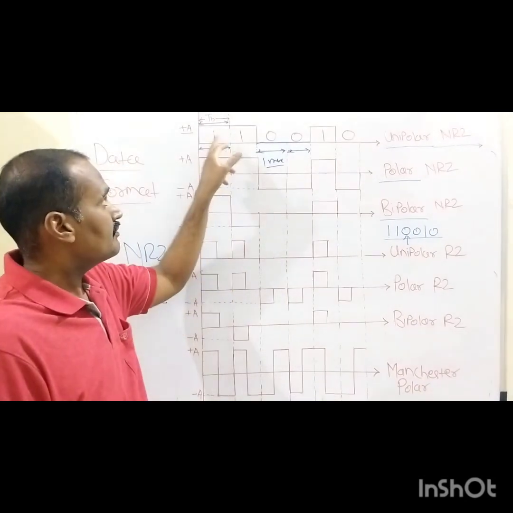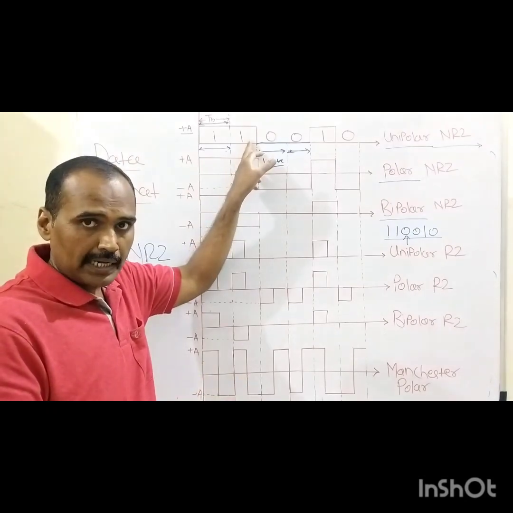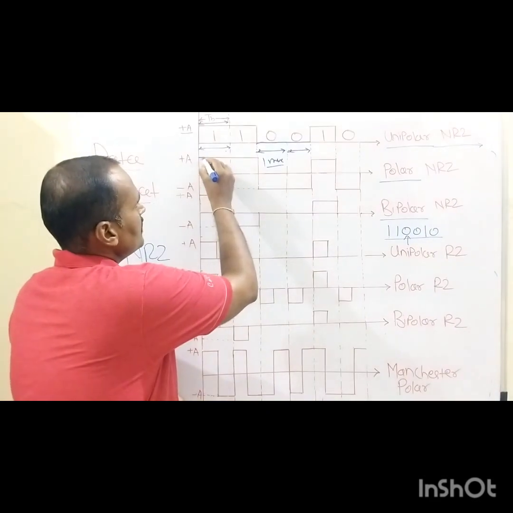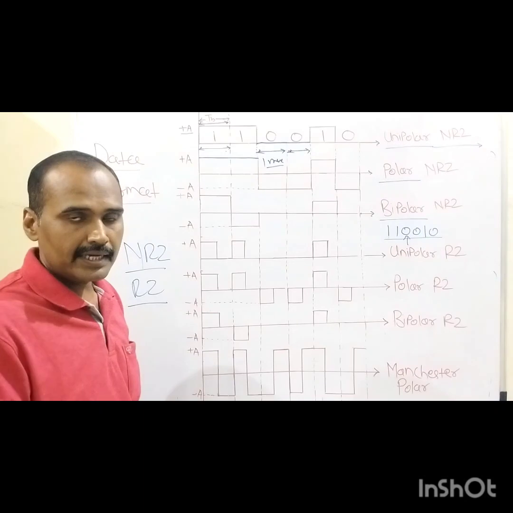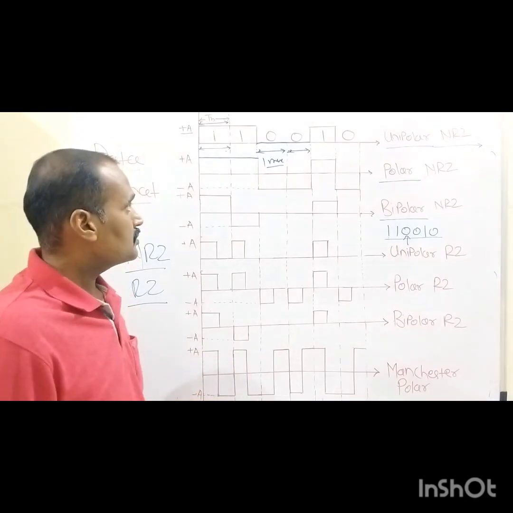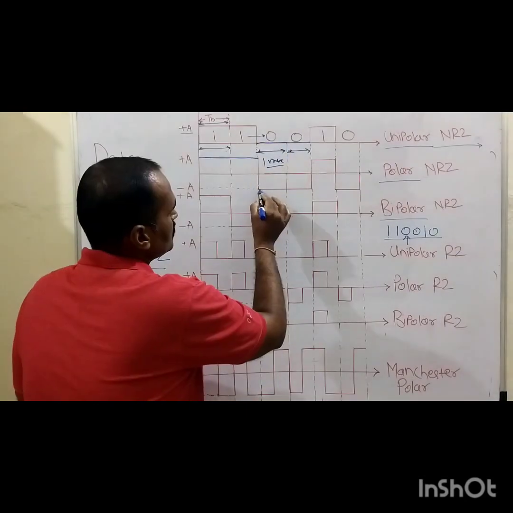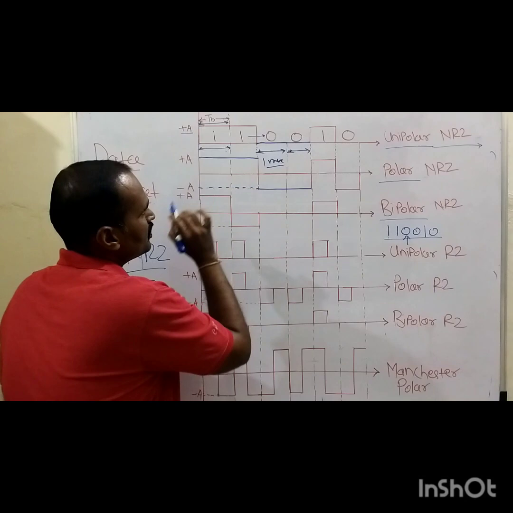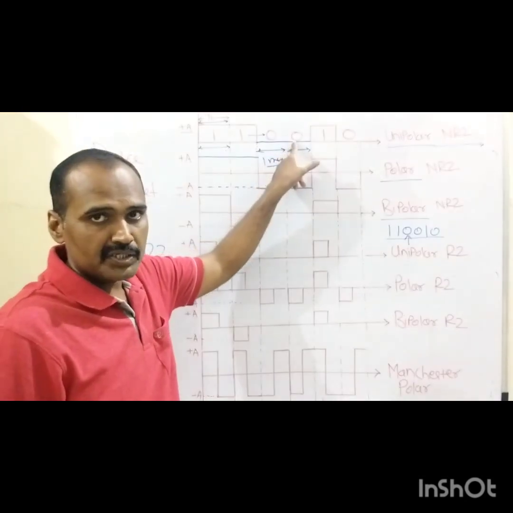As you can see, the first two bits are binary 1, so this plus A volt is assigned to these two symbols, which consist of two ones. Then when the signal changes from 1 to 0, for the two 0s we have, this negative voltage minus A is assigned to represent these two symbols.